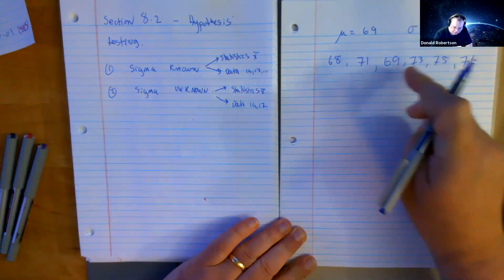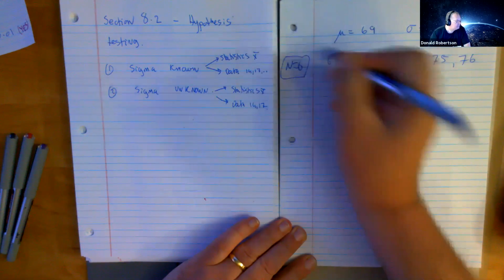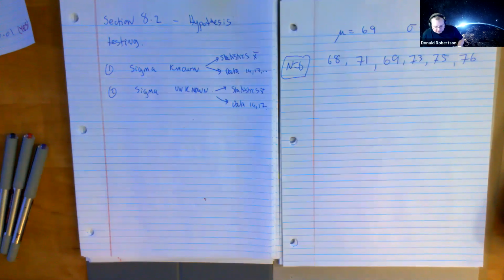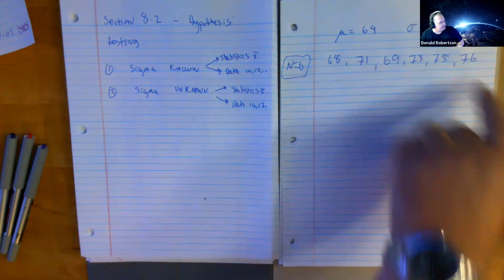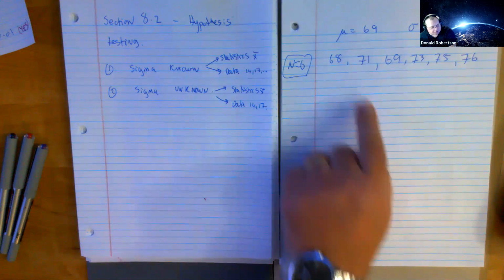Okay, let's just say it was 6 people, right? So he got a very small sample of 6 people. So that's basically data, isn't it? And he wants to see, is there enough evidence to prove that basketball players today are taller than they used to be in the past?